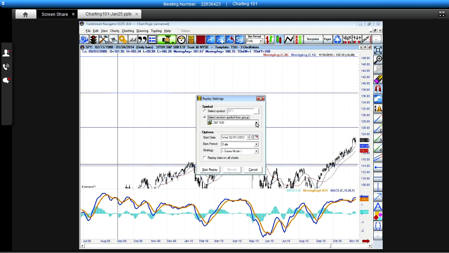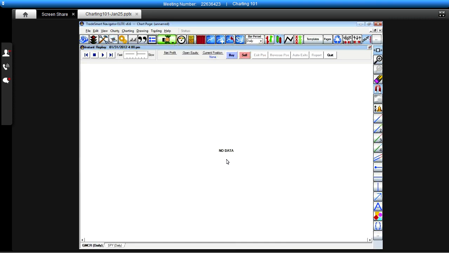All right, so this is what I liked: I have a set of stocks that I put together as my watch list. I can pick that, and then I thought there was a randomizer. You can go game mode, and then click start replay.